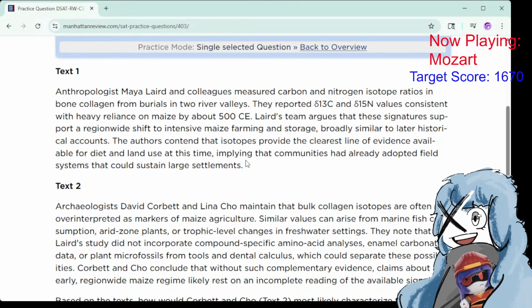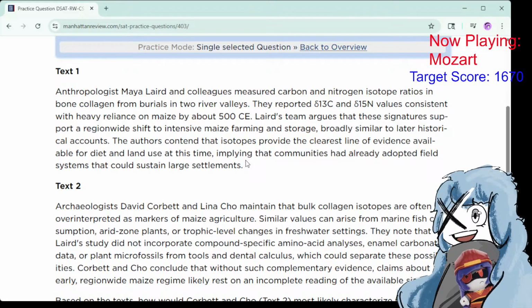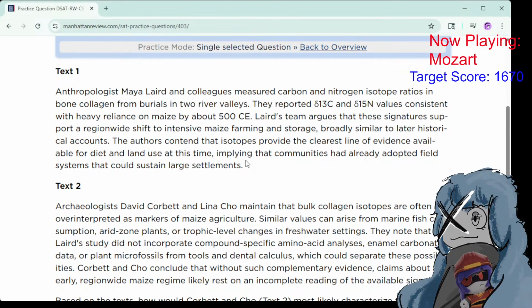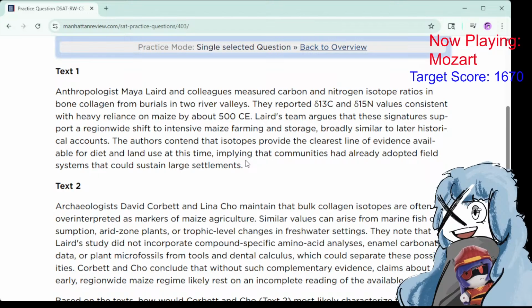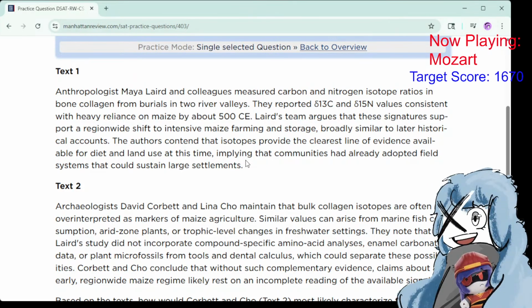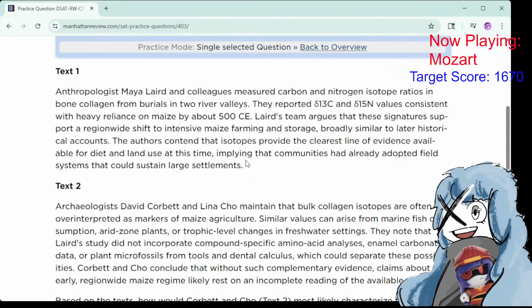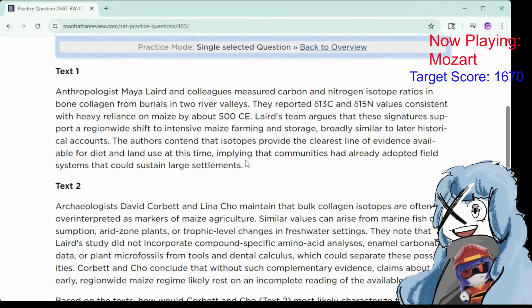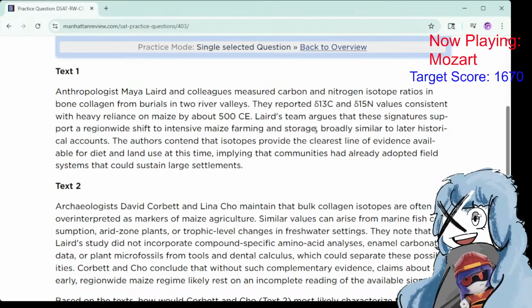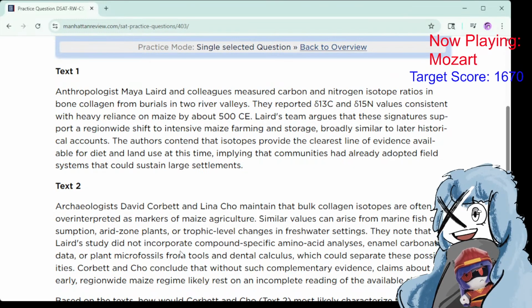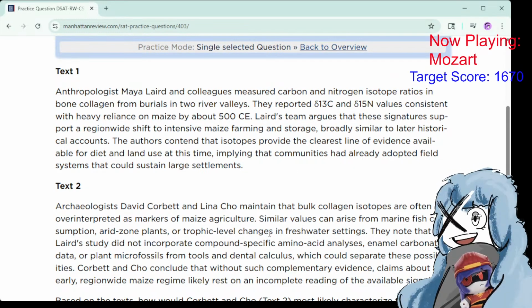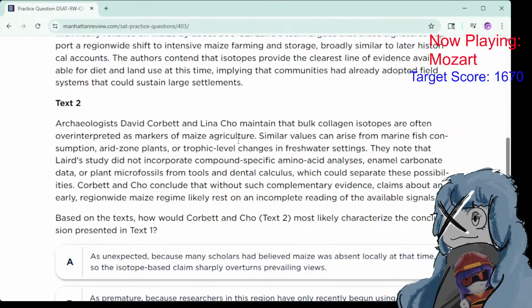They note that the earlier study did not incorporate compound-specific amino acid analysis, enamel carbonate data, or plant microfossils from tools and dental calculus, which could separate these possibilities. Corbett and Shaw concluded that without such complementary evidence, claims about an early region-wide maize regime likely rest on an incomplete reading of the available signals.